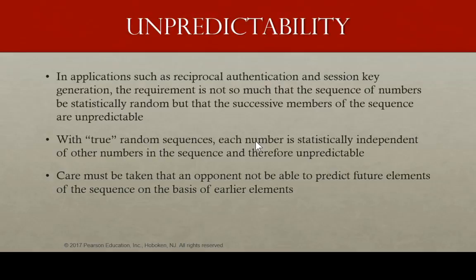However, as is discussed shortly, true random numbers are not always used. Rather, sequences of numbers that appear to be random are generated by some algorithm. In this latter case, care must be taken that an opponent is not able to predict future elements of the sequence on the basis of earlier elements.